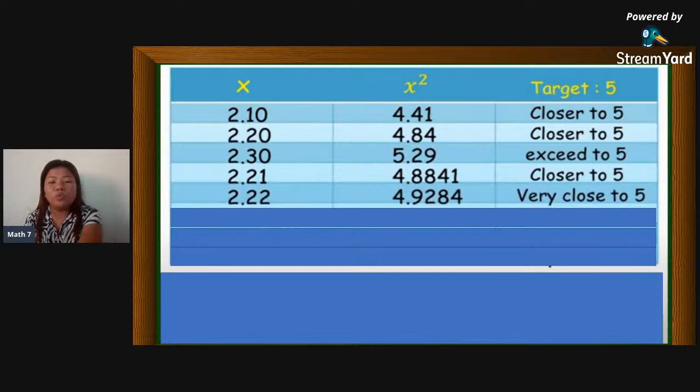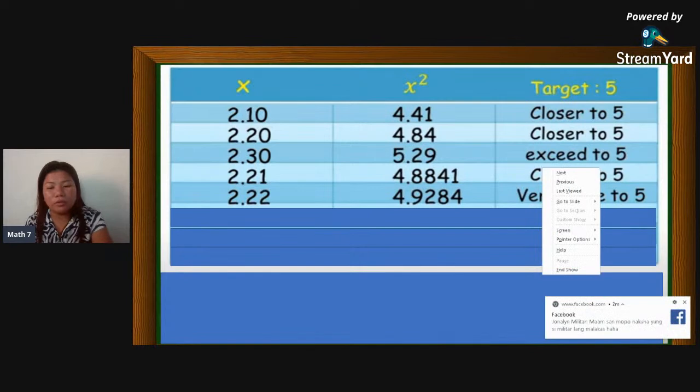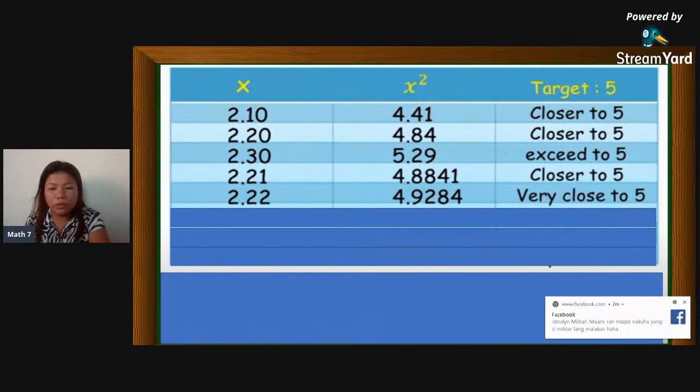Next, 2.22 times 2.22. Anong sagot? Tama ba? 4.9284. Okay, medyo malapit na sa 5.